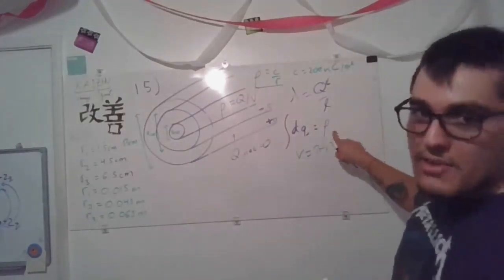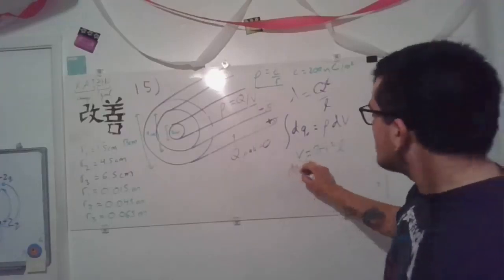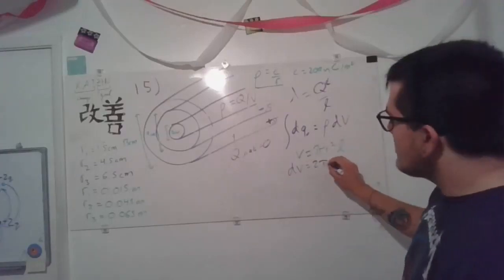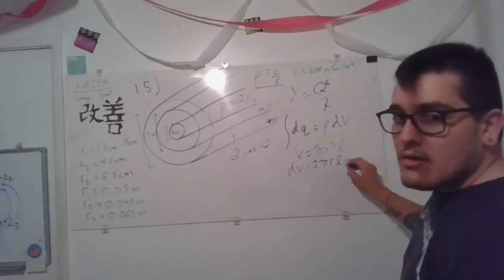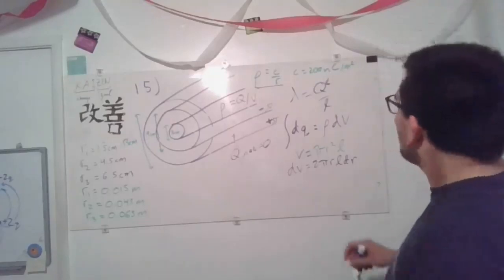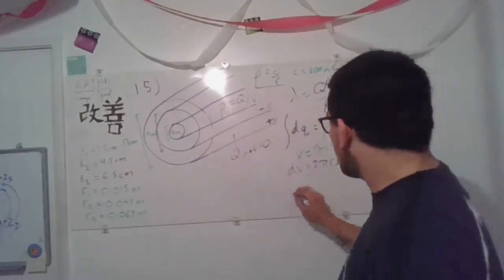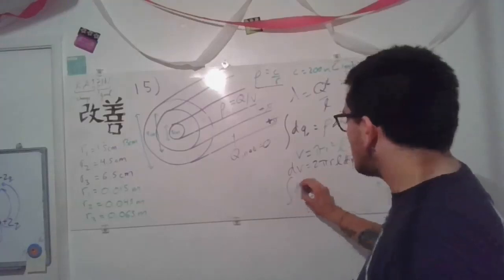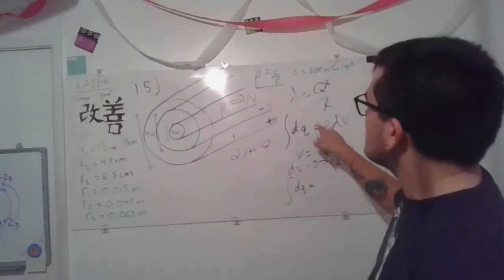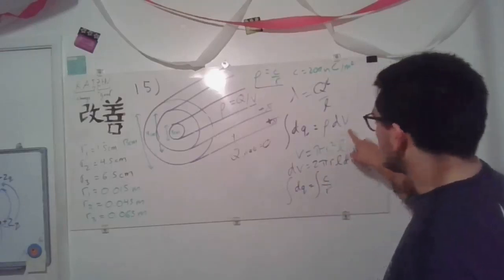So now you got to plug this in. This is going to be rho dV. So what's dV? 2 pi r L dr, right? You need that dr. Now what is rho? Rho is what is given here. So dq is rho times dV.